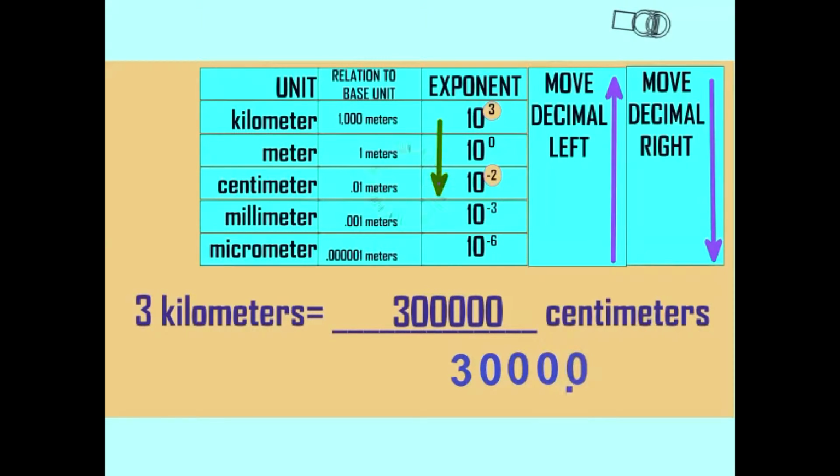This differs by 5 powers of 10, and I will thus be moving my decimal place 5 places. Since I'm starting off with the larger value of kilometers and converting them into centimeters, I would need to travel down on this graph, and associated with this downward arrow is the note to move the decimal place to the right. So I will move my decimal place 5 places to the right.